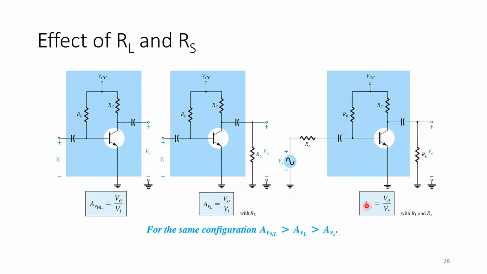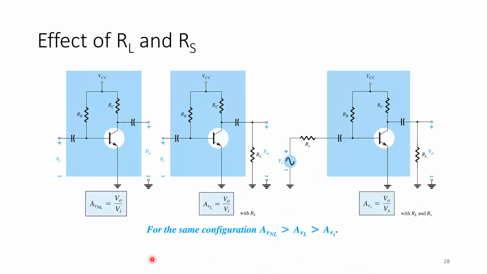And if we have a source resistance, we will label this as AVS, and it will be V out over VS, because it includes VS when we have both RL and RS. So AVNL refers to no load gain, AVL refers to when there is load resistance, and AVS refers to when there is load resistance as well as source resistance.